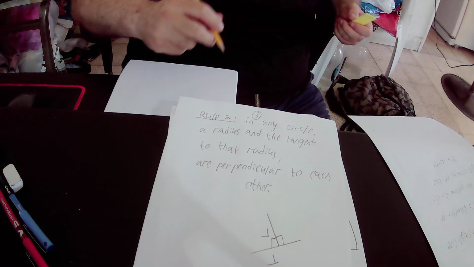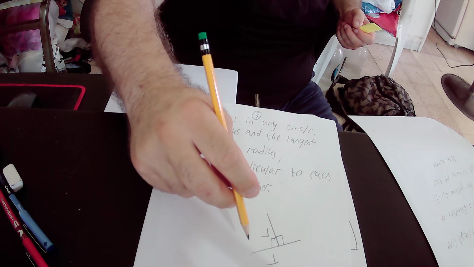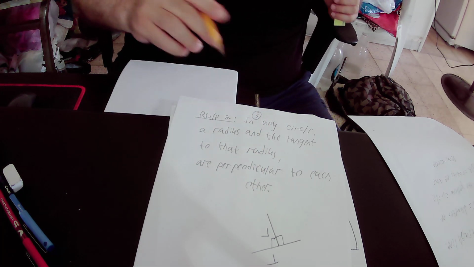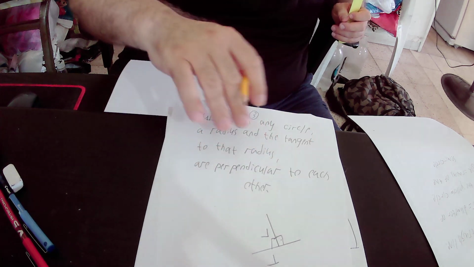Again, in any circle, a radius and the tangent to that radius are perpendicular to each other.